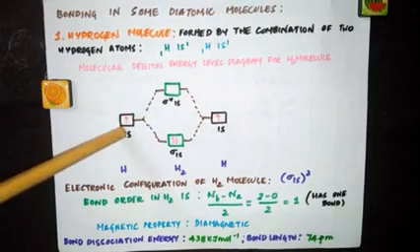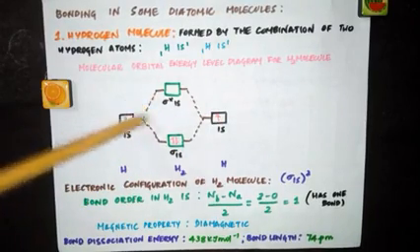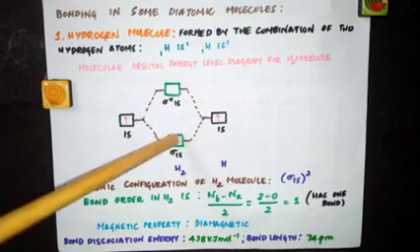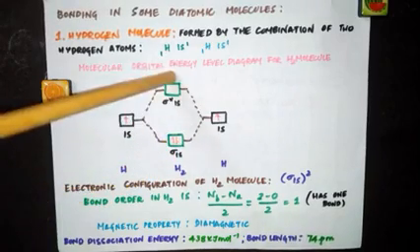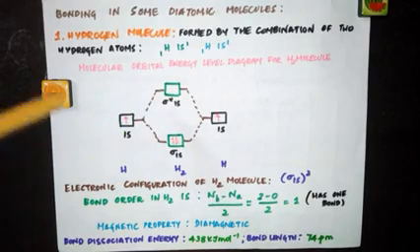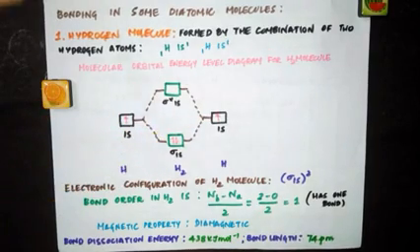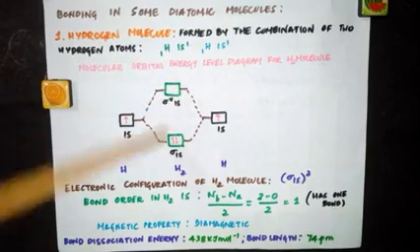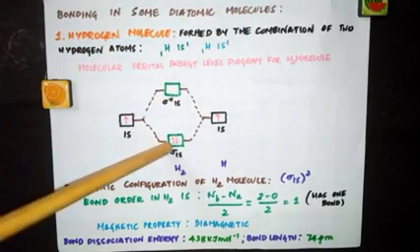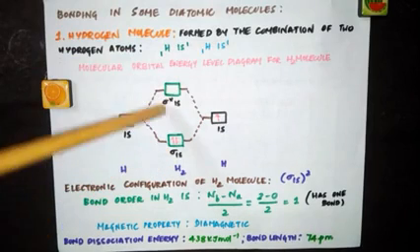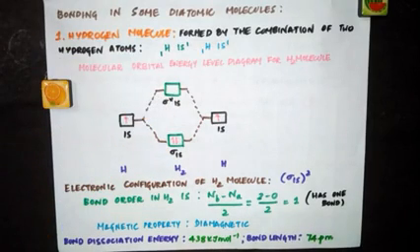Both are having one electron each. Now they will form two molecular orbitals, bonding and anti-bonding. So how many electrons are there in hydrogen molecule? Just two. So put two electrons here and stop. We are not supposed to fill it here, because we have only two electrons, and these two electrons are accommodated in sigma 1s, and sigma star 1s is empty.